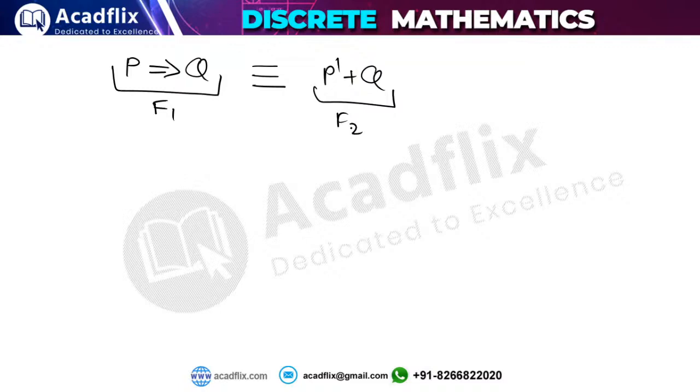Basically this F1 formula is equivalent to F2 formula. So whenever you have formula F1, you can replace it with formula F2 because they are equivalent. Similarly, whenever you have formula F2, you can replace it with F1. This is what we mean by equivalent.